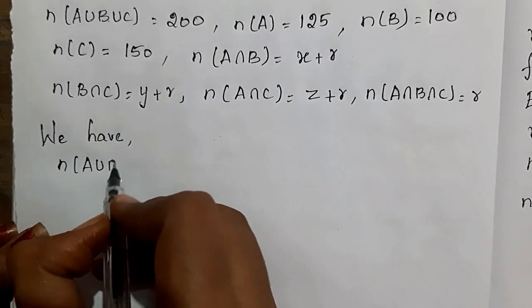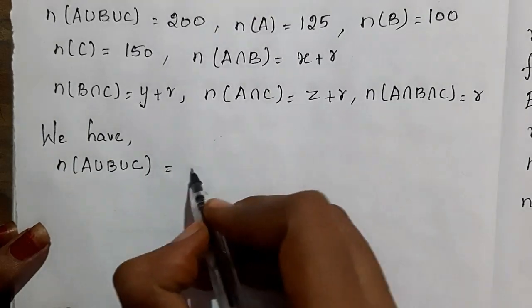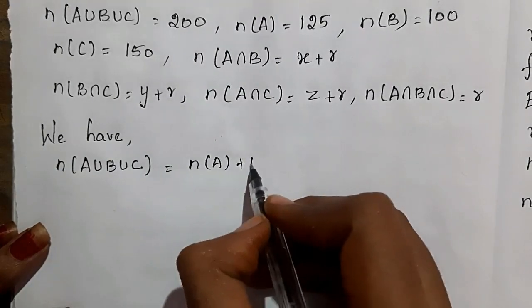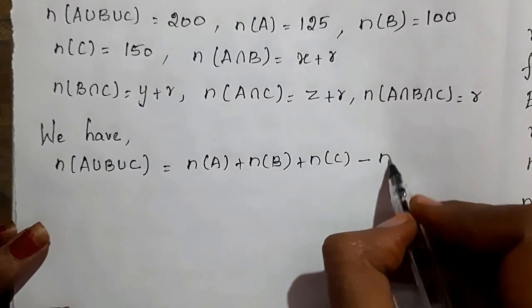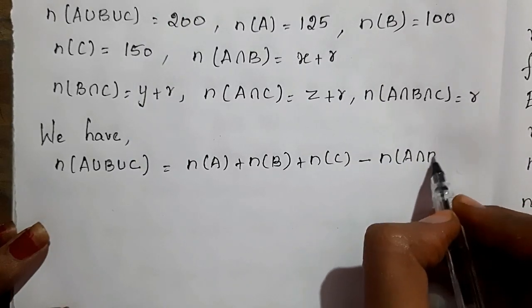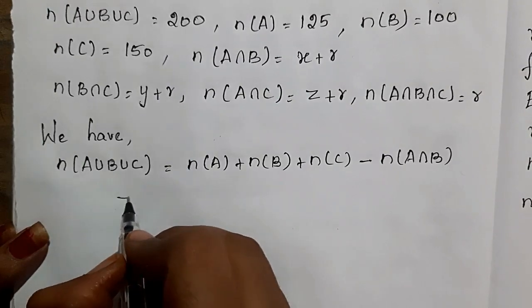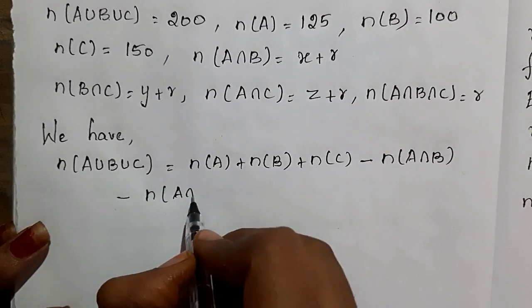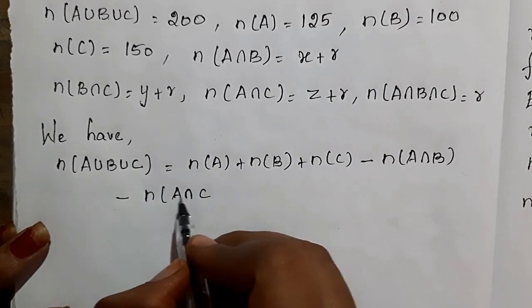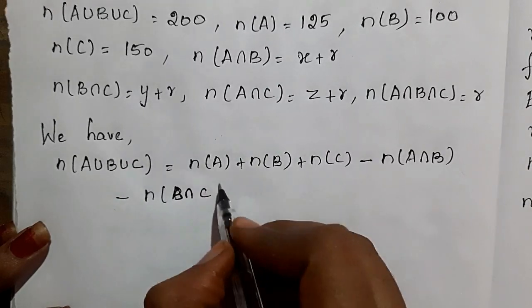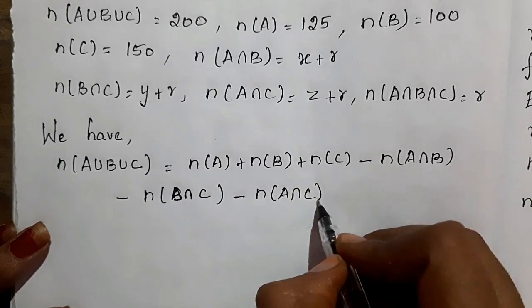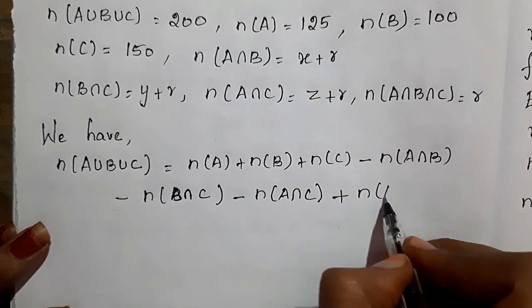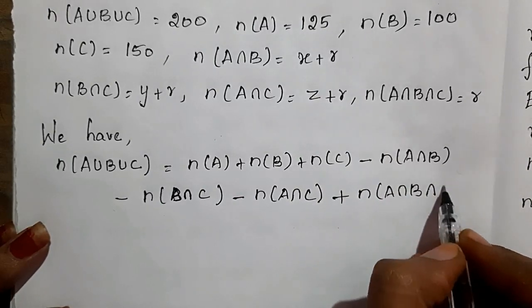N of A union B union C equal to N of A plus N of B plus N of C minus N of A intersection B. Learn this formula now itself. Minus N of B intersection C, minus N of A intersection C, then plus N of A intersection B intersection C.